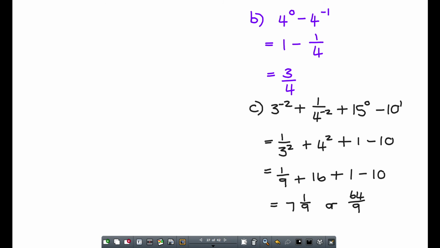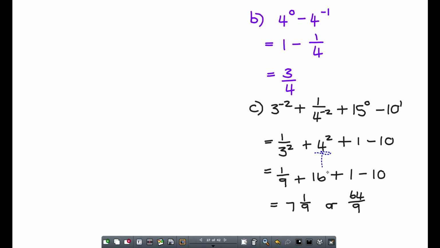Right, so 1 minus a quarter will then give you 3 quarters. Okay, and then the last one, 3 to the power of minus 2. Make that exponent positive, so I move it to the bottom. It becomes 1 over 3 to the power of 2. Over here, to make that exponent positive, I'm going to move it to the top. And then it becomes 4 to the power of positive 2, and it's actually over 1.